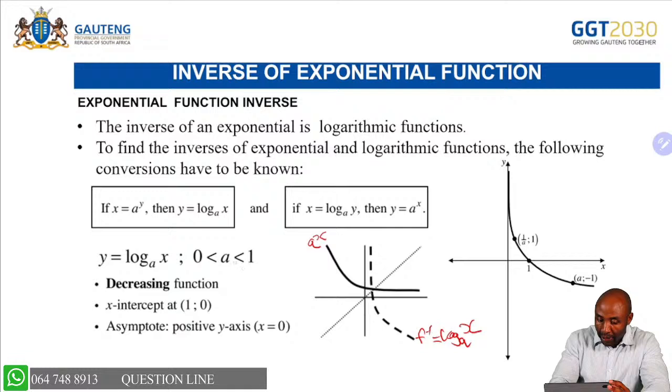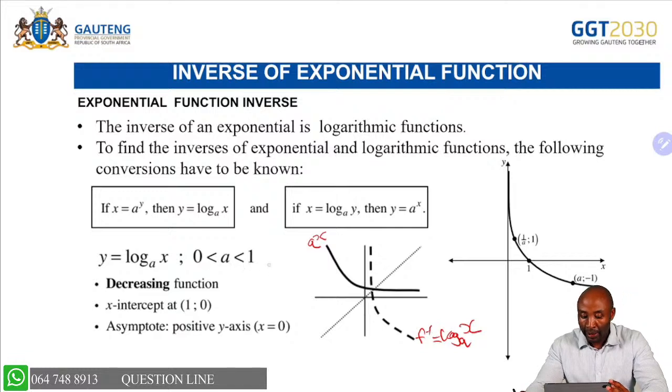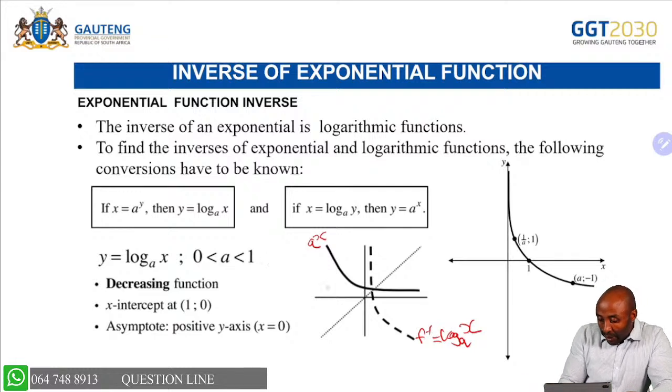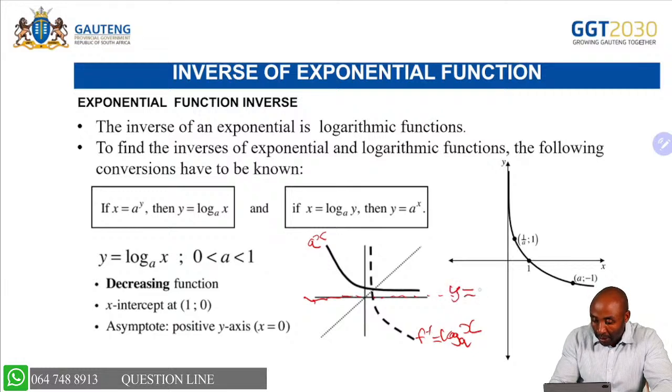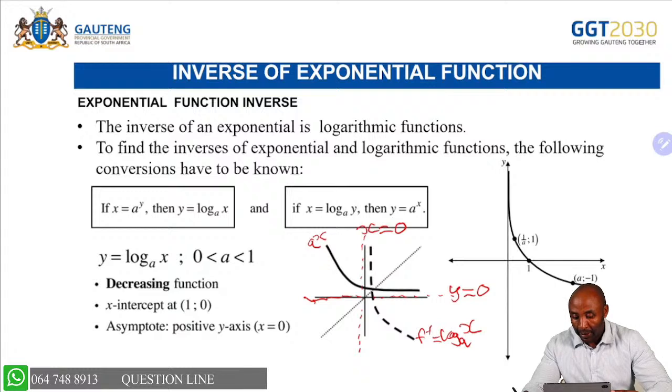Our a is a fraction, so we are able to get the inverse function. Please check that if we are looking at the solid line, our x-axis is an asymptote, and our x-axis is y is equal to 0. But if you check the dotted line, our asymptote now is the line x is equal to 0, which explains how we get our inverse.